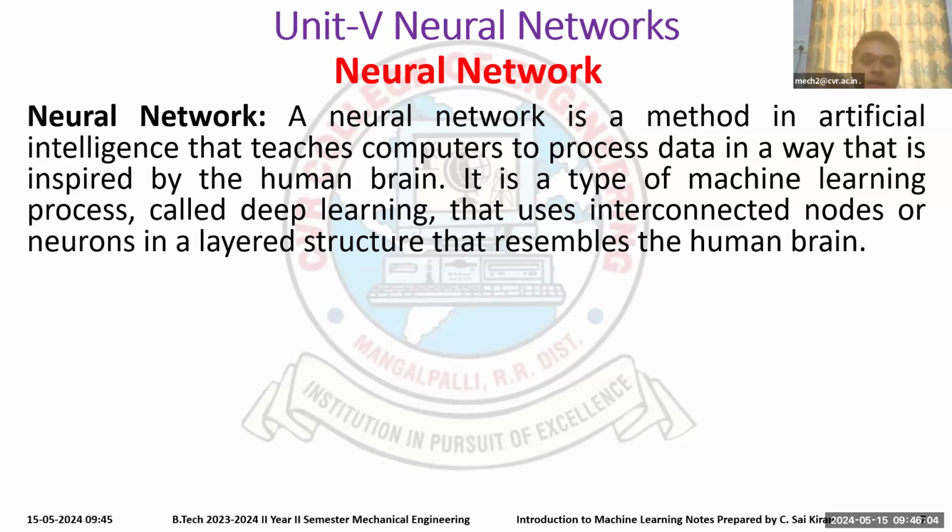Instead of neurons, we have created the neural network, and we are giving it to computers so that they can think on their own. This process is called deep learning, which is a part of artificial intelligence. Here the nodes or neurons are connected in such a way that it resembles a human brain.